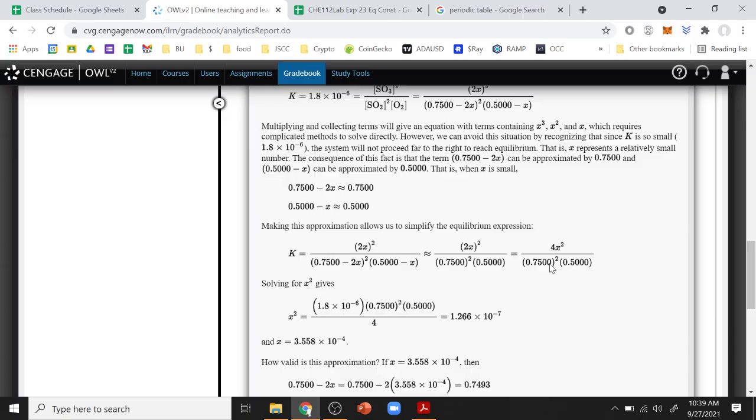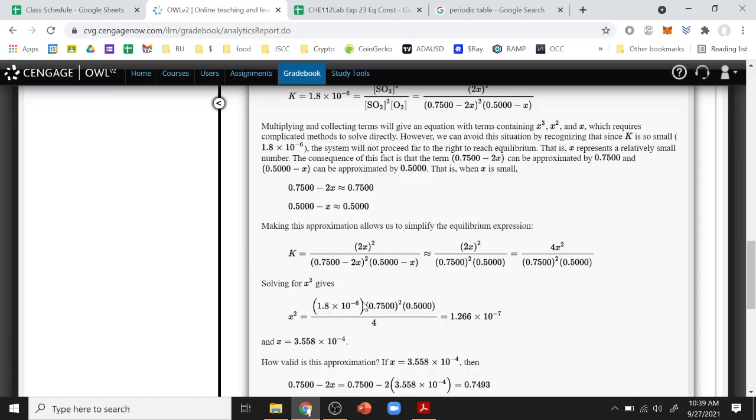So I multiply over 0.75 squared, and that ends up over here, right? I multiply over 0.5, and that ends up on the top, on the other side. I then divide over 4, and that will end up on the bottom, right? And that leaves me x squared equals those numbers like so.